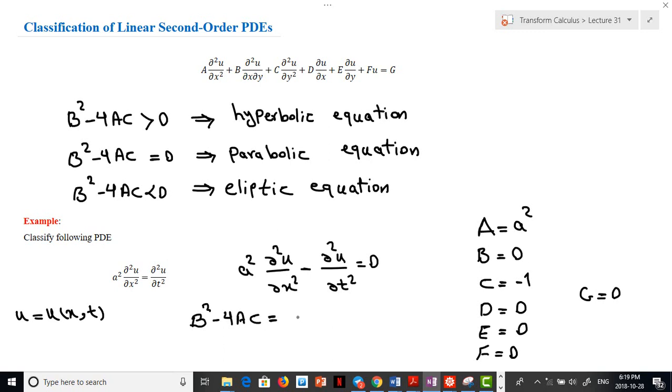It's equal to 0 squared minus 4 times a squared times minus 1, so it's equal to 4a squared. a squared is always positive. As a result, 4a squared is always positive, so we can say that the equation is a hyperbolic equation.